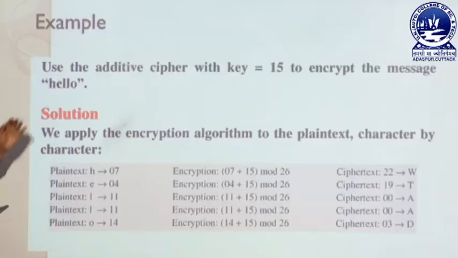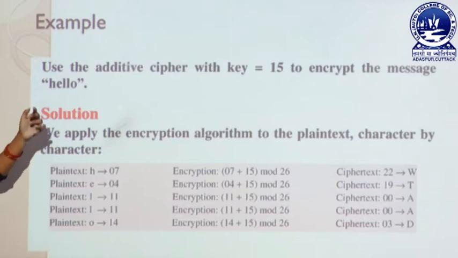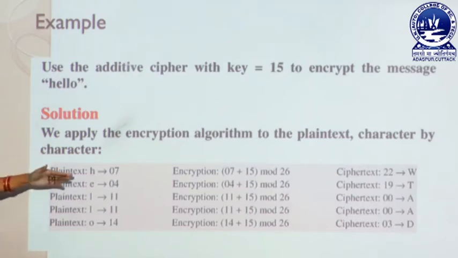In this example, we are taking the key value equal to 15 and the plain text message, that is hello. In additive cipher, when we want to encrypt the plain text, first of all we take one alphabet of our plain text and find out its numeric value. Here first alphabet is H, which numeric value is 07.